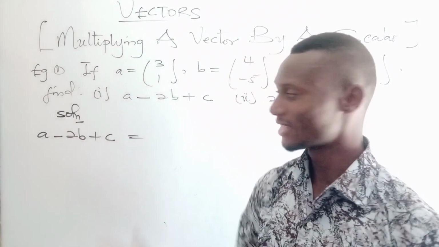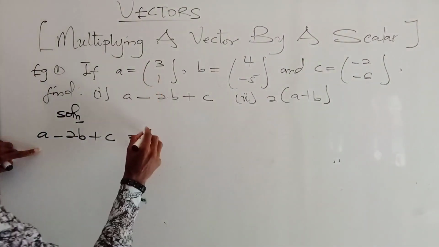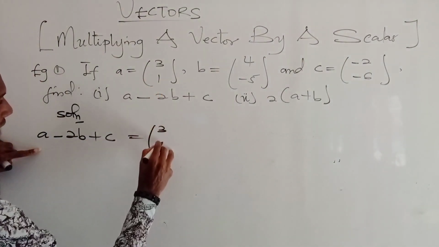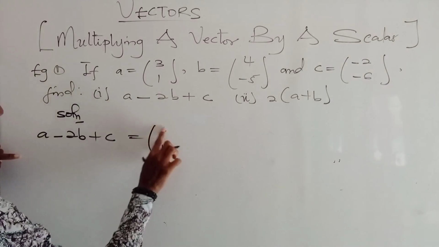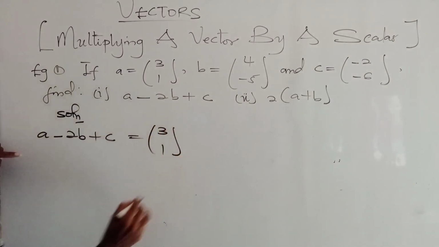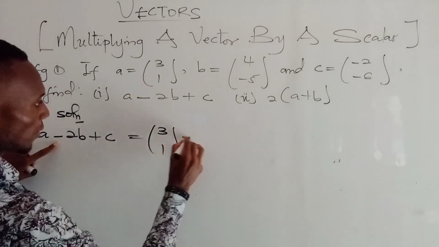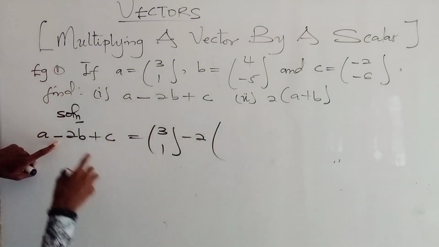So let's input our values. I'm seeing a here, and a is given to be 3, 1. So I'll write my 3, 1 down. Let me clean this and write it well so that you see it clearly. So my a is 3, 1. Then you bring your minus 2 here, multiplying the vector b.